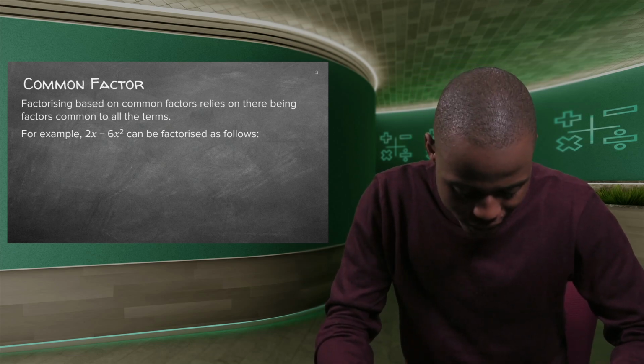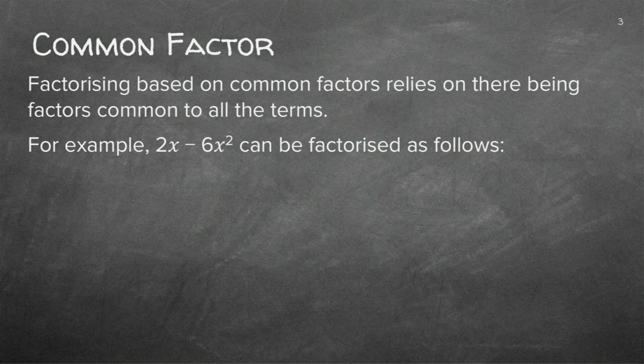Factorizing based on common factors relies on there being common factors to all terms. As the word says, common, it means we need to have something common on both sides.